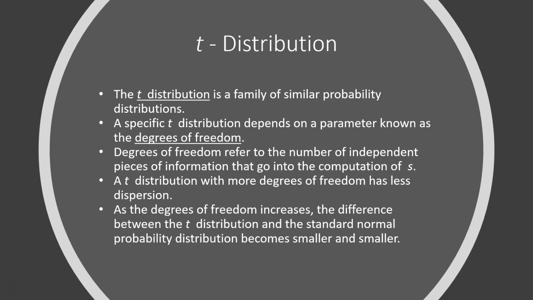So the way you would do that is by looking at a t-curve corresponding to a sample size of n, for example, n equals 15. But it's actually more common to be using degrees of freedom, because degrees of freedom will be n minus 1. And so it helps us to get some more information to go into that computation of standard deviation.